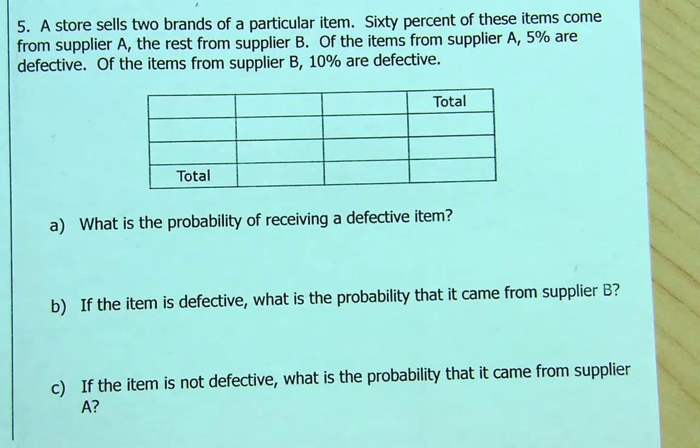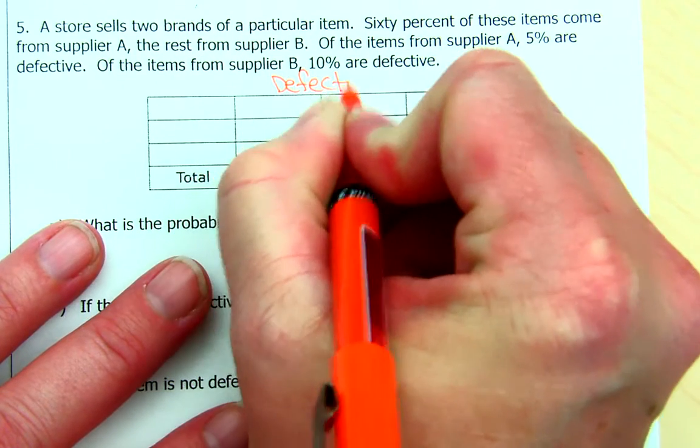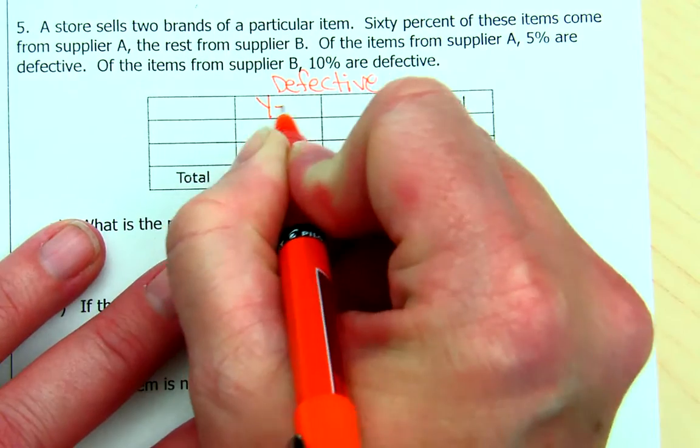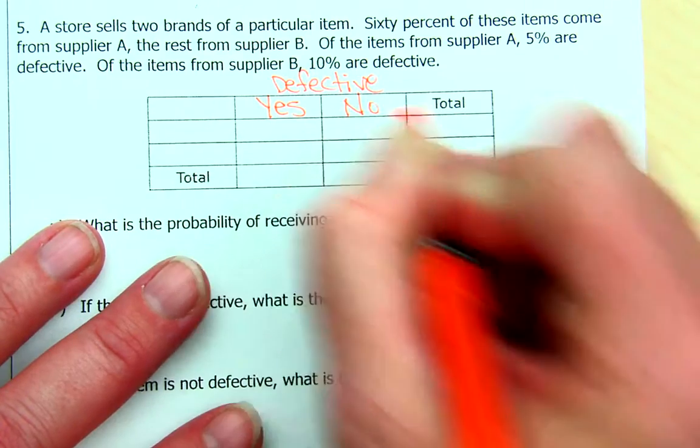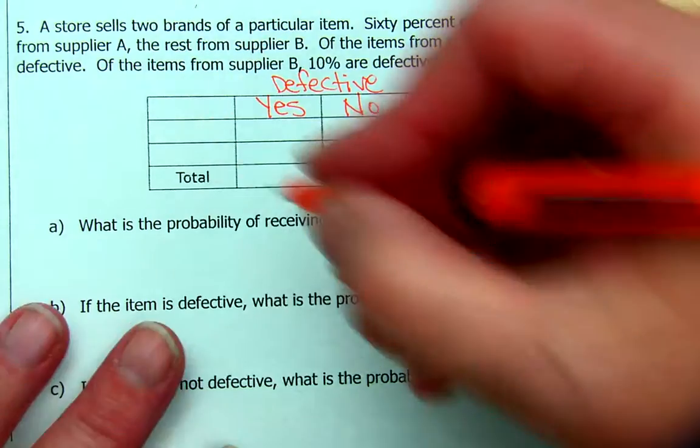One of them is going to be, is it defective? I'm going to put that at the top. So that'll be either yes or no, it is or it isn't. And then over here, I'm going to write my supplier.